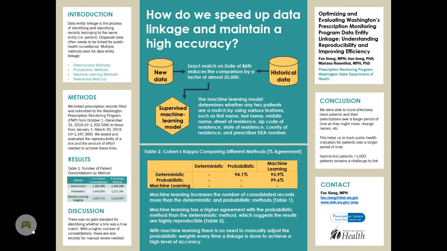With supervised machine learning, you create training data, which is a random subset of the data that you are trying to link together. Then you manually review the training data, and you decide if something is a match or not a match. And then you create a math model on top of that, and the model tries to find the patterns in order to get the predicted decision to be similar to the choices that you made.